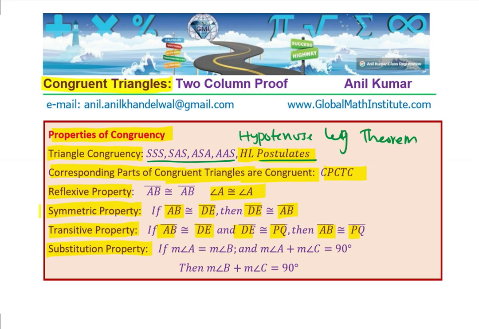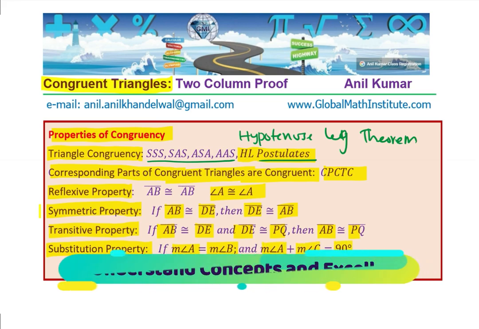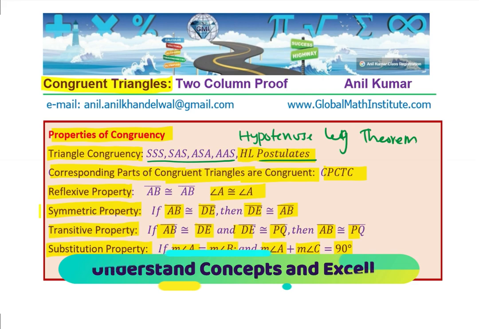Then the substitution property: if the measure of angle A equals the measure of angle B, and the sum of angles A and C is 90 degrees, then you can substitute B for A, and so you could write that the measure of angle B plus C is 90 degrees. You get the idea. So that is how you have to provide the reason for each statement.